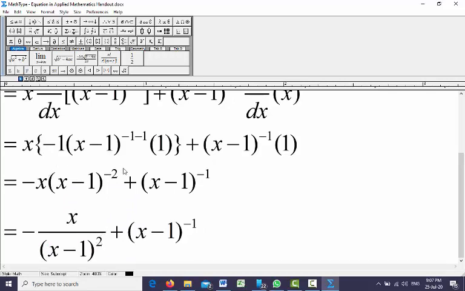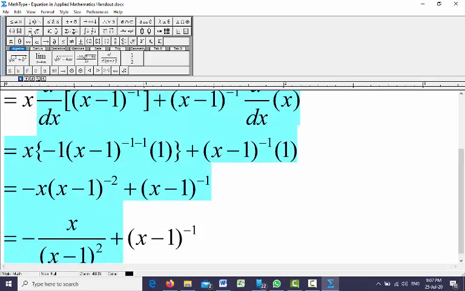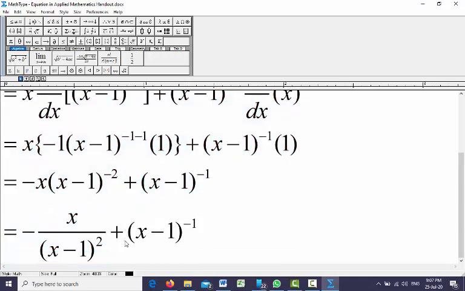If you want to remove the minus from the power, you need to move it back to the denominator. Again here we can see that there is a negative power, so we get a fraction.